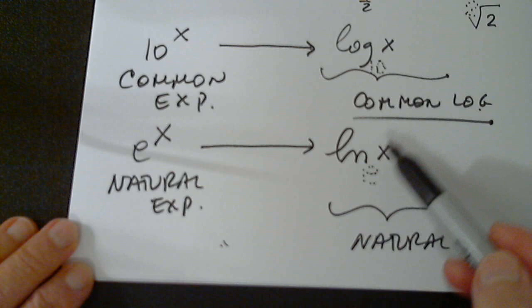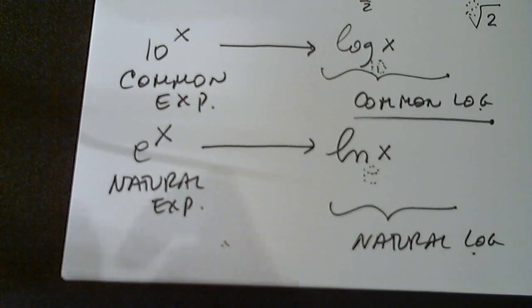Please remember these two, of course, they share the same key. As you see, ln and e to the x share the same key. They are inverses of each other, the same as 10 to the x and log. These are two inverse pairs. Good.